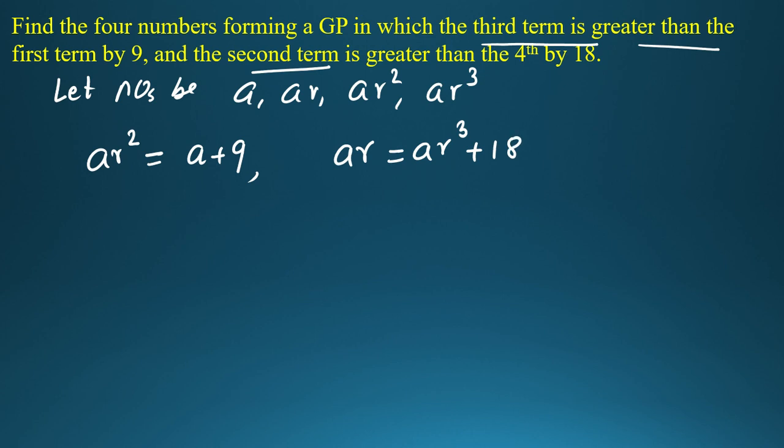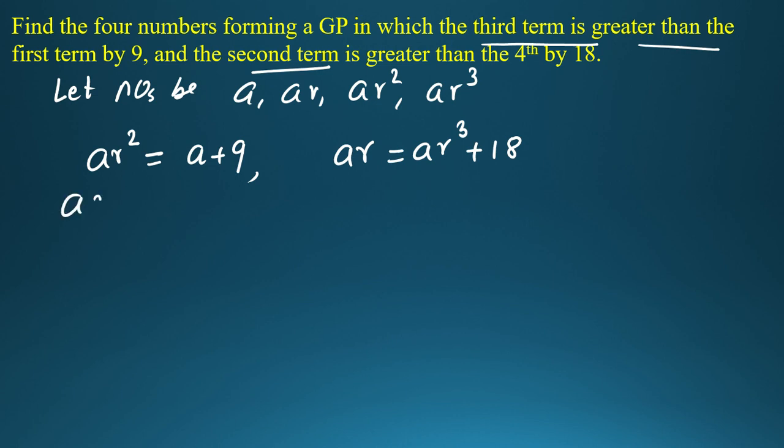Okay. So we have to solve these two equations to get the values of a and r. Let's see how we can solve it easily. We don't see any other option except finding the value of a.